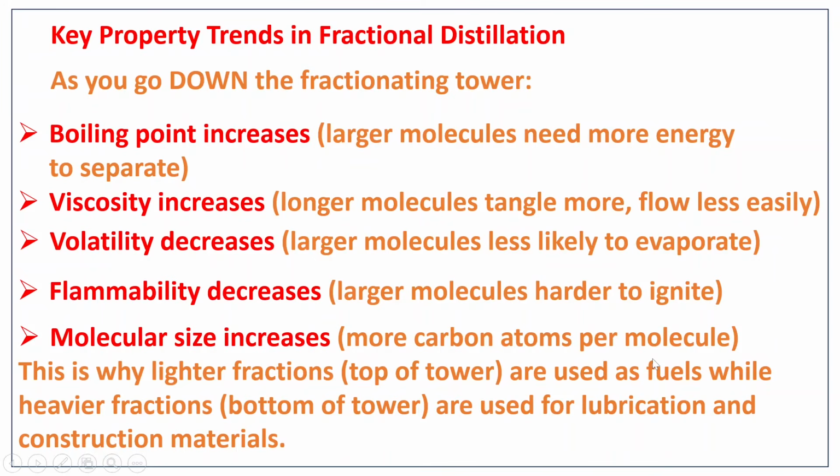That is the reason. This is why lighter fractions on top of the tower are used as fuels, while heavier fractions at the bottom of the tower are used for lubrication and construction materials.